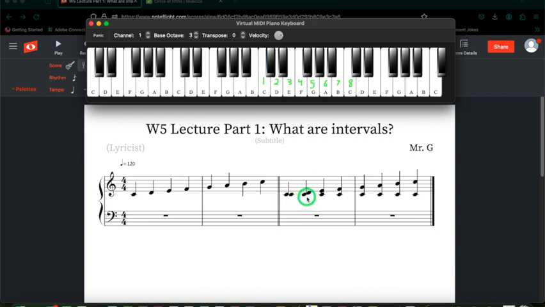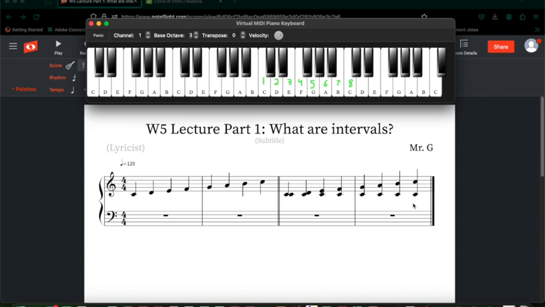But this one, that is a harmonic second. This is a third, fourth, fifth, sixth, seventh, whoops, and an eighth, or an octave.